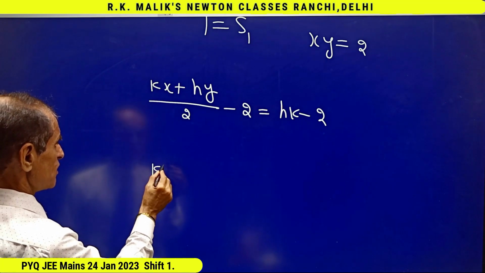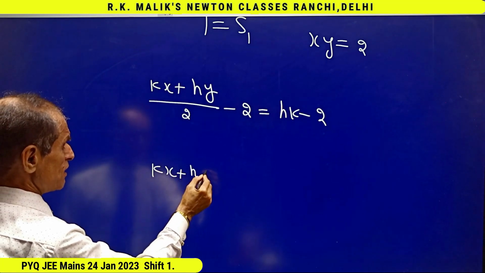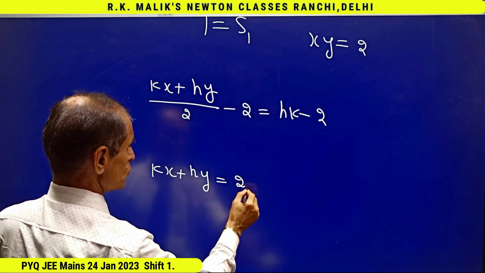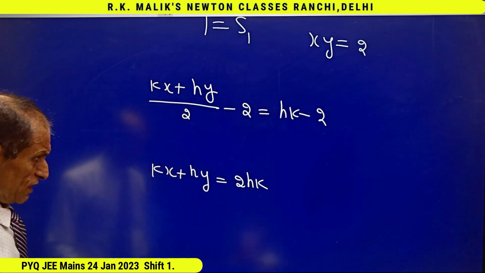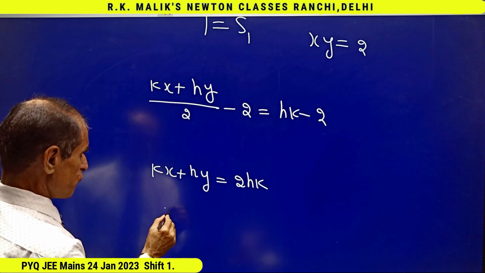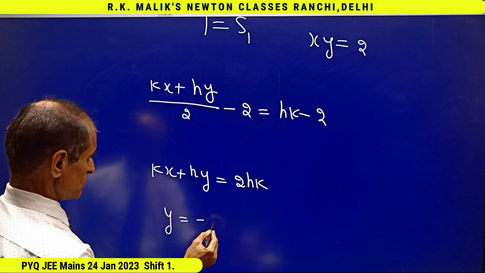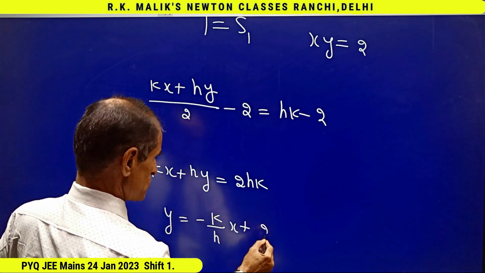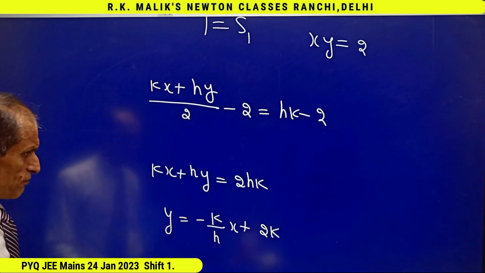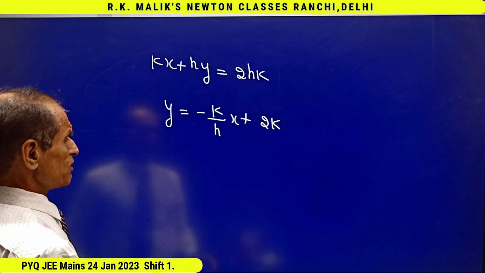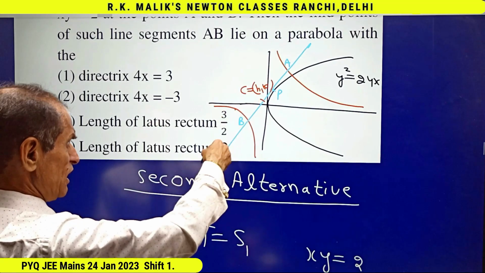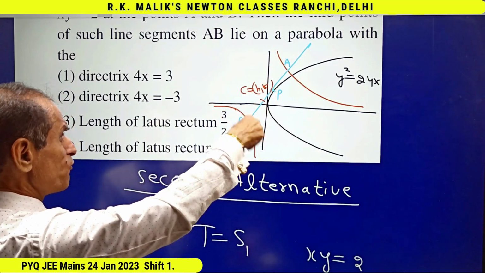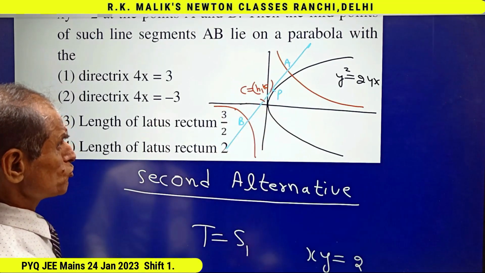That is kx plus hy is equal to 2hk. That is y equal to minus k by h into x plus 2k.